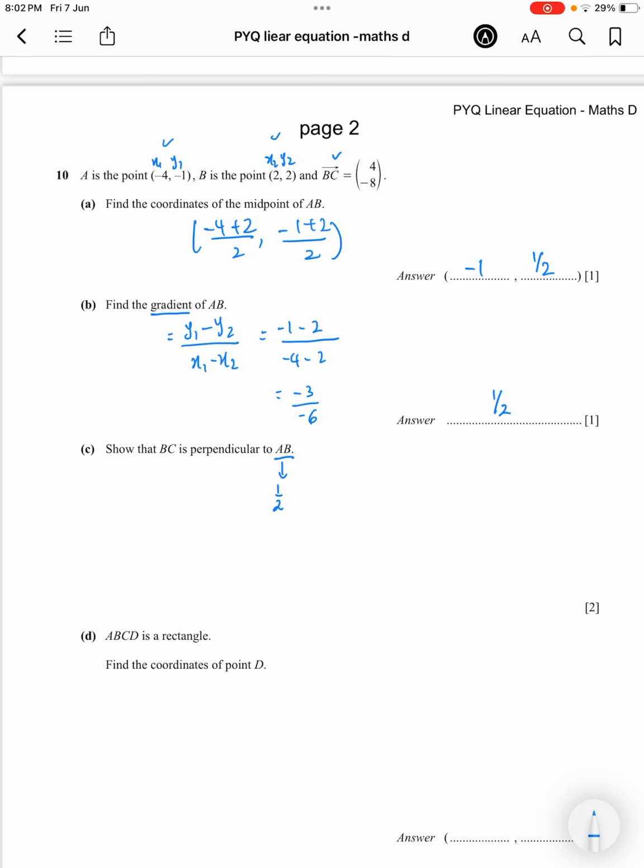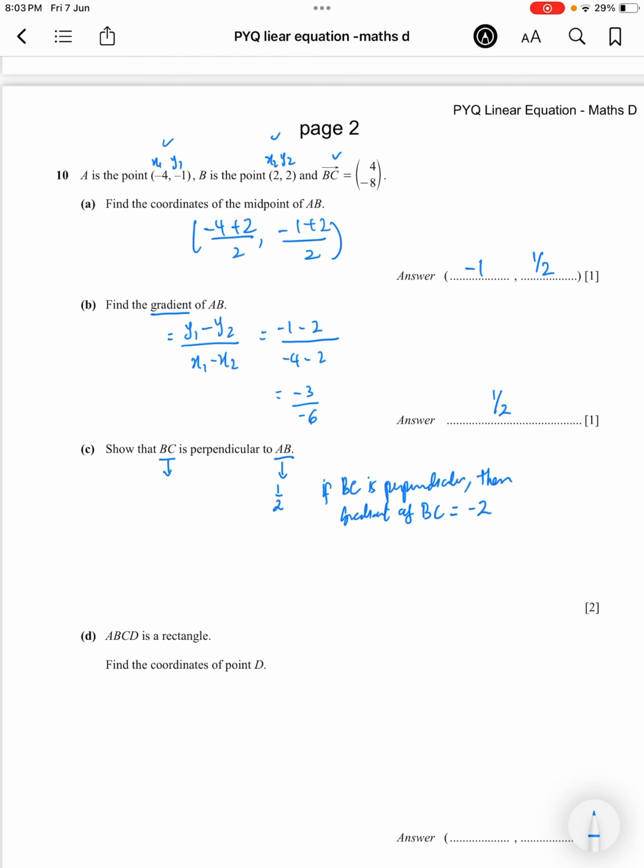If BC is perpendicular, then the gradient of BC should be equal to minus 2. So let's check.